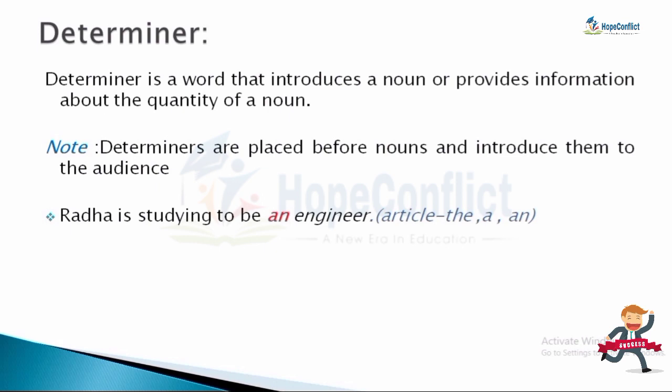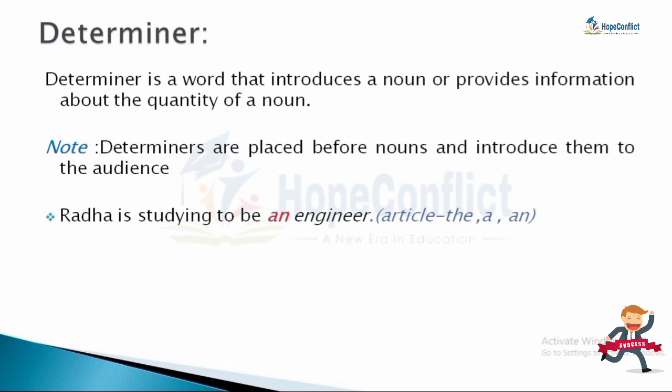Okay, so the example is Radha is studying to be an engineer. So in this example, determiner is an. There are types of determiners. There is an article, which is a type of determiner, and here the examples can be a, an, the, and this type of words are known as determiners.